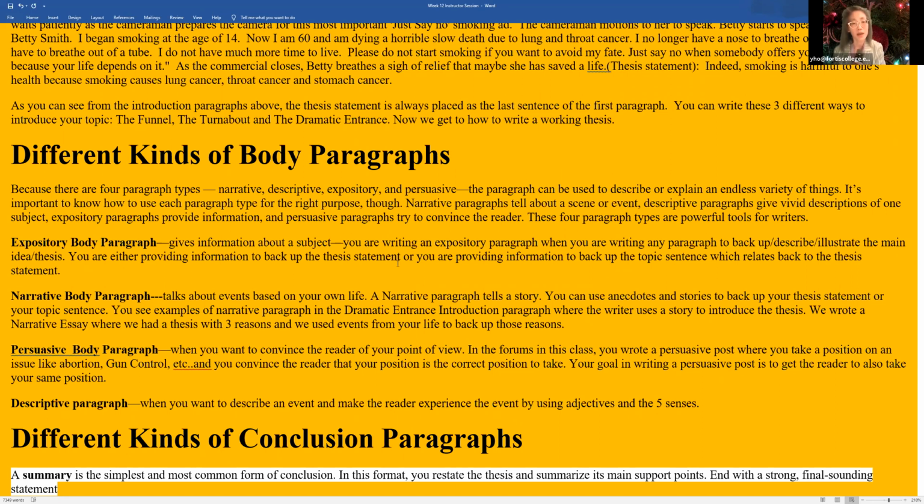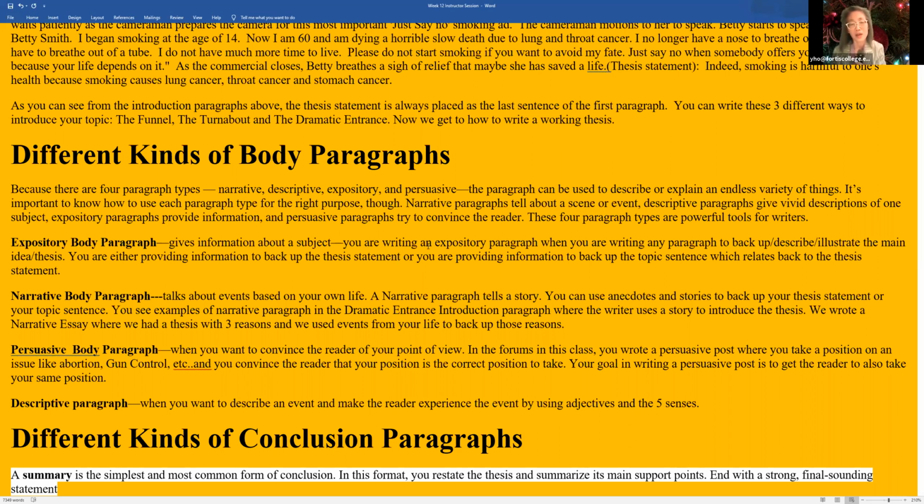A narrative body paragraph is when you talk about events based on your own life. And so in this case, if you're a nurse talking about COVID-19, you would base your narrative body paragraph on what you've seen during your career. Whereas if you're going to use an expository body paragraph, you would use facts about other people.